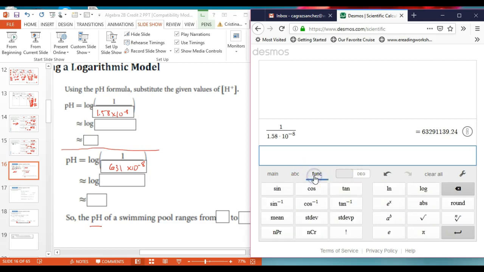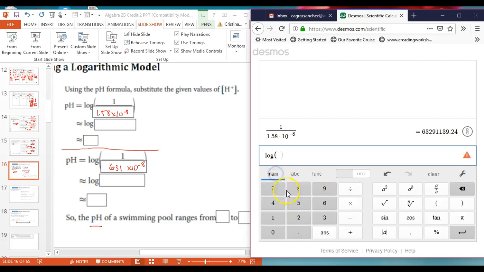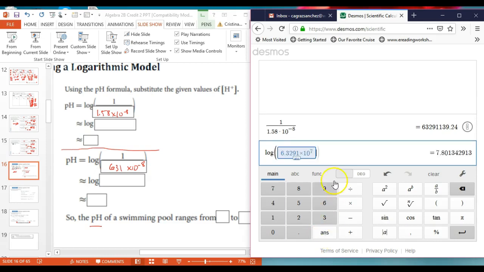So again, under function key, log. And yes, we're going to have to type in that number, but wait, do I really need to? No, I don't. There's this little button called answer, or ANS. You can click that there. And what it's going to do, oh, thank you so much, calculator, it's going to calculate our pH value for us.